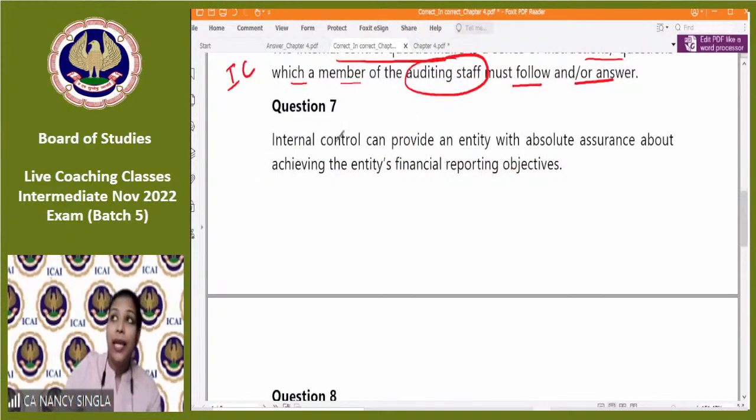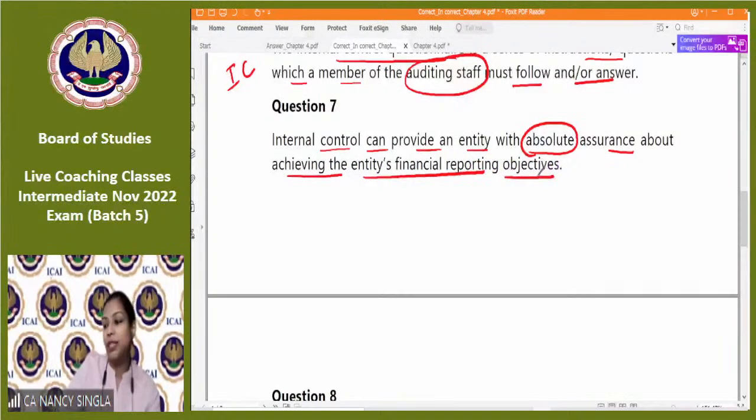7. Internal control can provide an entity with absolute assurance about the entity achieving the entity's financial reporting objectives. Send in your replies with respect to question number 7. Students, read the question carefully because these questions may appear to be simple.